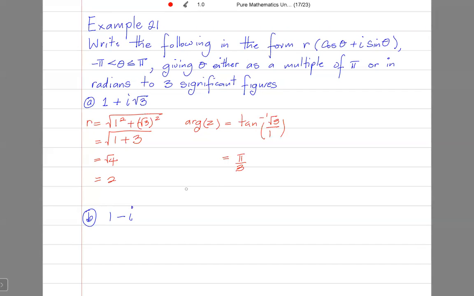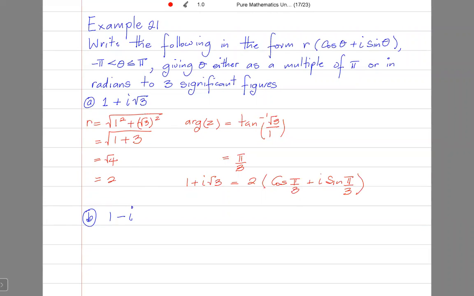So it means therefore that the complex number 1 plus i root 3 would be equal to 2 into the cosine of pi by 3 plus i sine pi by 3. All right, that's what I have.